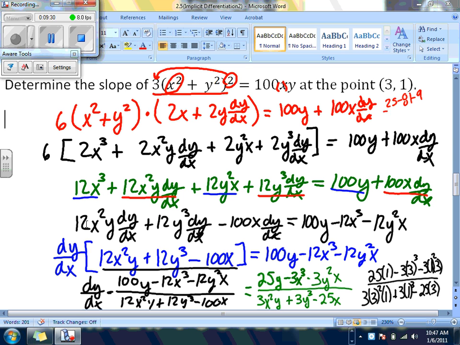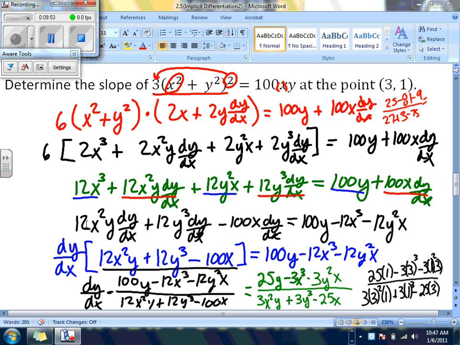All right, all over, looks like I have 3 times 3 squared. 3 squared is 9 times 3 is 27 on the bottom. Plus 3 minus 75. 3 times 25 is 75.